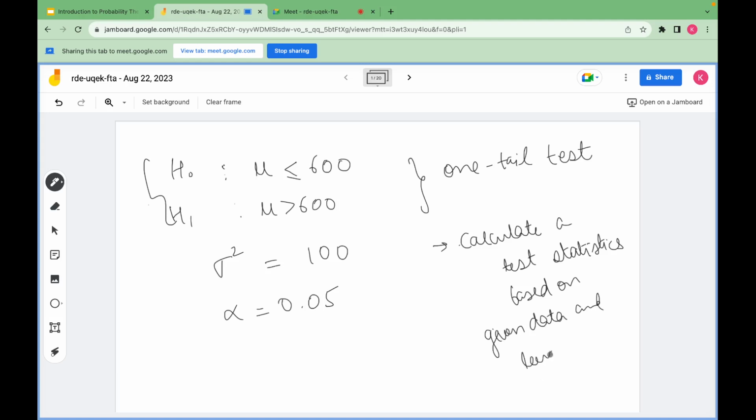Then we will find the critical region with the given alpha, which is our level of significance, and then we will compare these two quantities to check whether our null hypothesis is right or our alternate hypothesis is right.